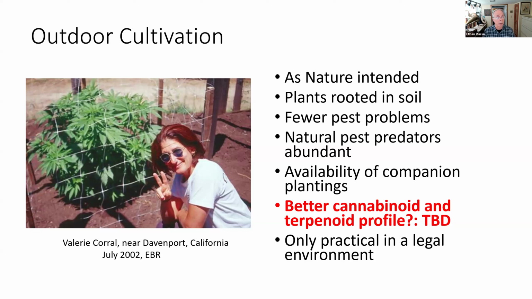This is not absolutely proven, but we have good anecdotal evidence from good organic culture outdoors that this produces more diverse cannabinoid and terpenoid profiles, and this is something we'd like to prove. But outdoor culture is only practical in a legal environment. When I took this picture in 2002, it was only a few weeks before this farm was raided by the DEA.